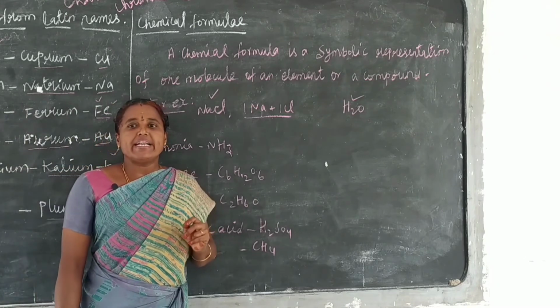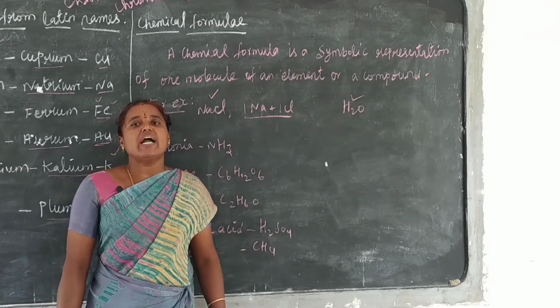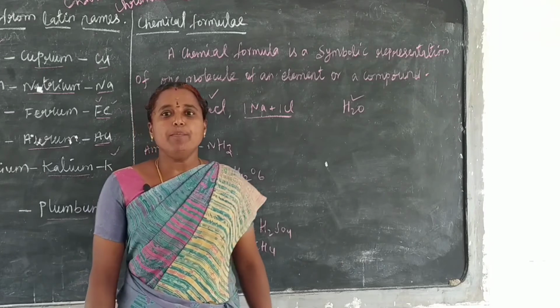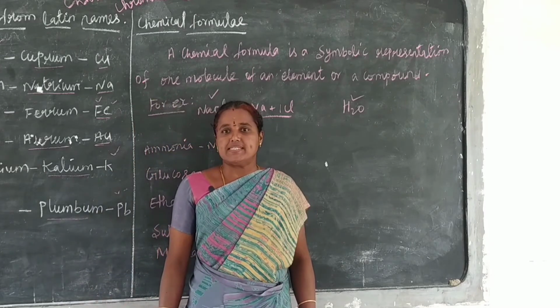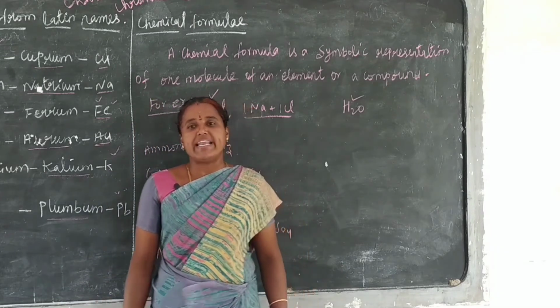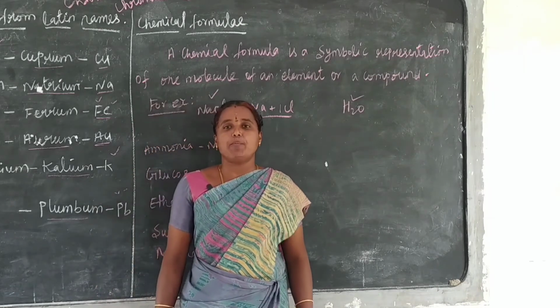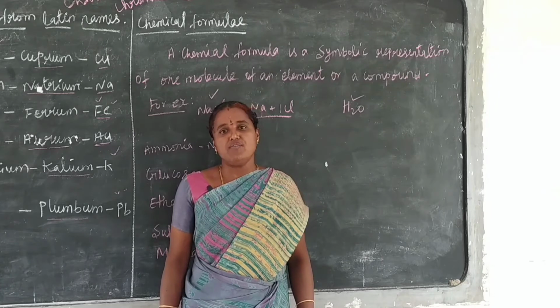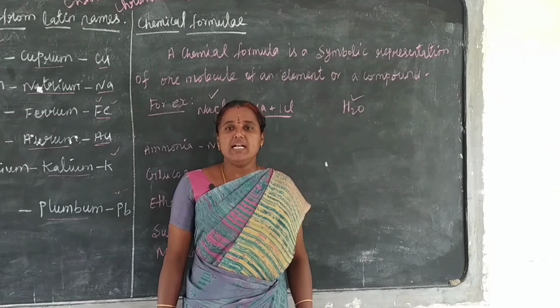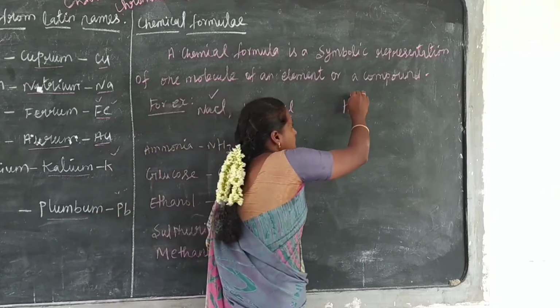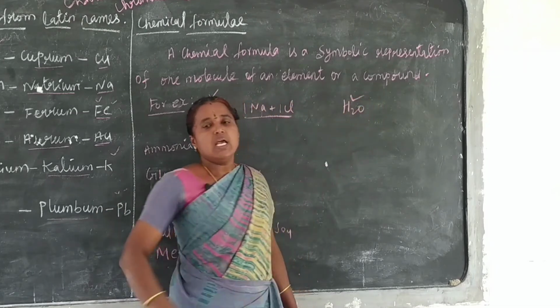The chemical formula tells us the types of atoms and the number of each type of atom in one molecule of a substance. For example, the water molecule.